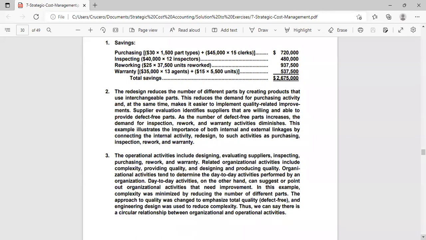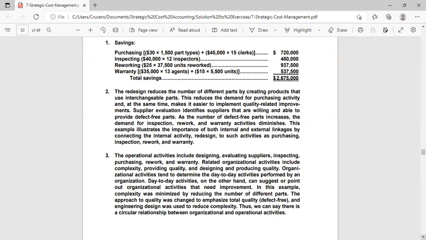Requirement number 3, identify the organizational and operational activities involved in the strategy being considered by Maxwell. What is the relationship between these two activities? So the operational activities include designing, evaluating suppliers, inspecting, purchasing, rework, and warranty.